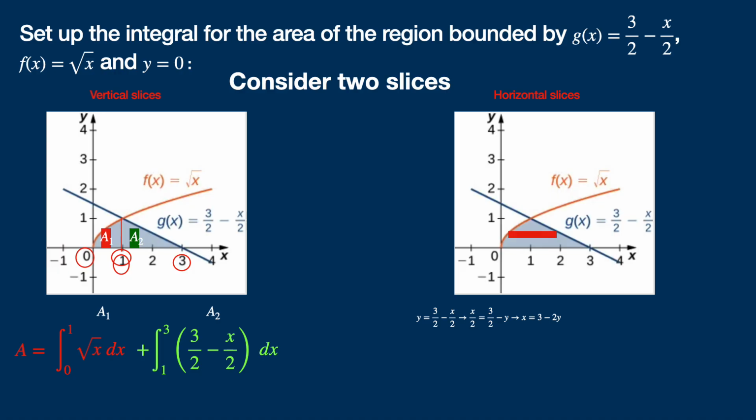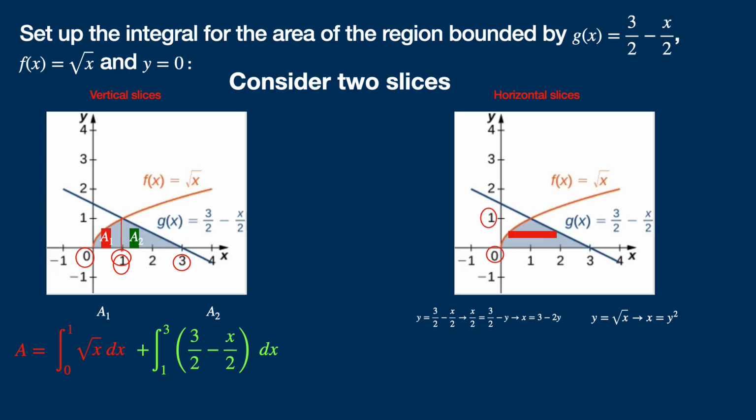So x over 2 equals 3 over 2 minus y. You multiply by 2, x equals 3 minus 2y. We do the same thing for the left function. That's going to be y equals square root of x. But we have to find the function of y, so solve for x. So you square both sides, x equals y squared.